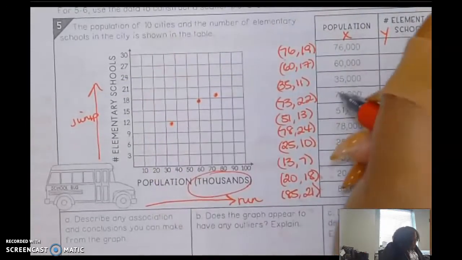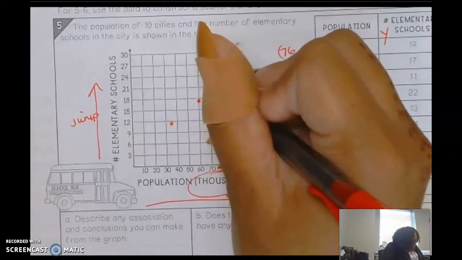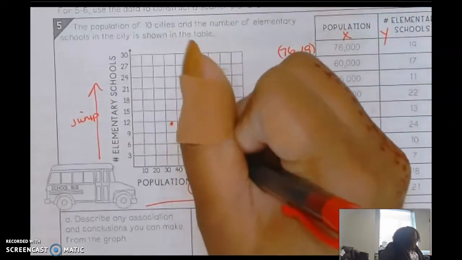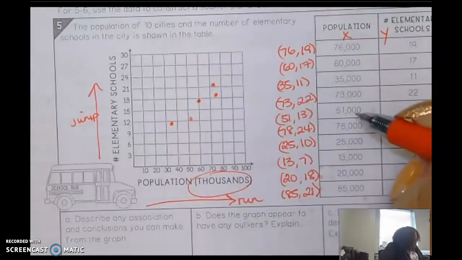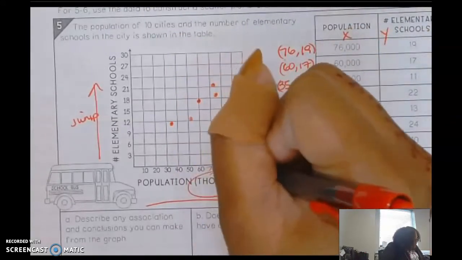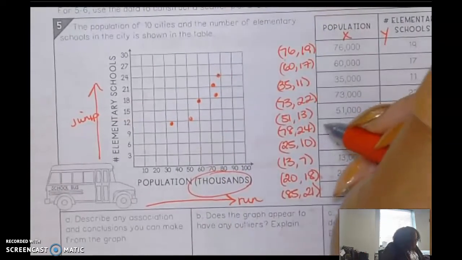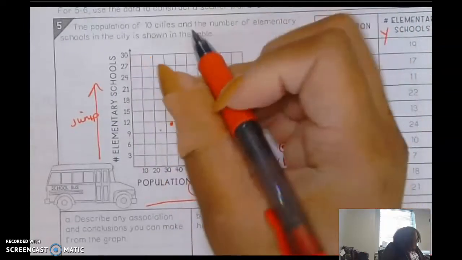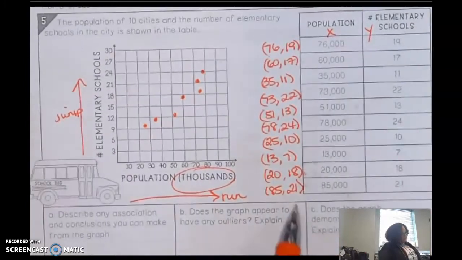Just below 12. 73, 22. 51, 13, there. 78, 24, it's going to be on the line for 24. 25, 10, midway, 10 is about right here. Let's keep going.